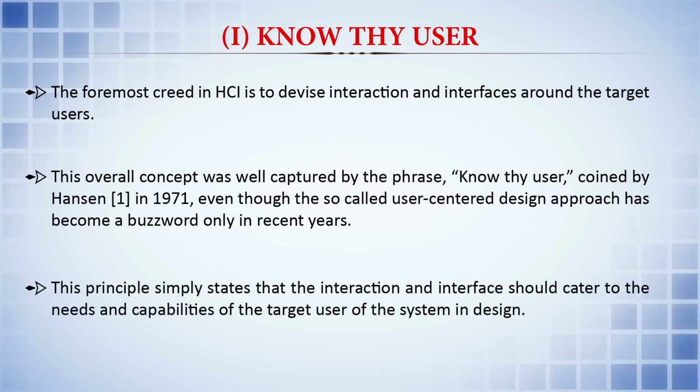This principle simply states that the interaction and the interface should cater to the needs and capabilities of the target user of the system in design. So, there are two aspects one needs to cover: one is to cater to the needs of the user, and the other is the capabilities of the target user.